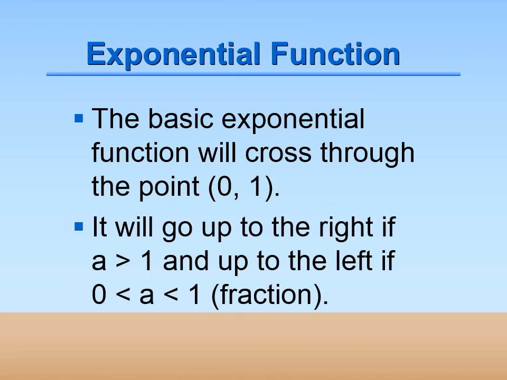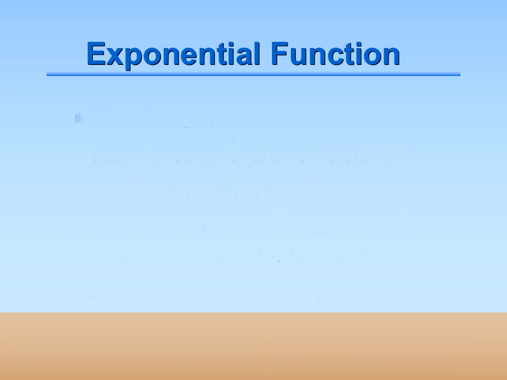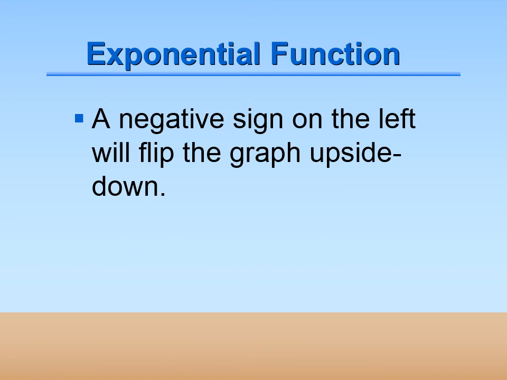And so when you have an a value, which is the base, that's greater than 1, it's going to go up to the right. However, if it's between 0 and 1, it's going to go up to the left. So if you have a negative sign, it's going to flip the graph upside down.